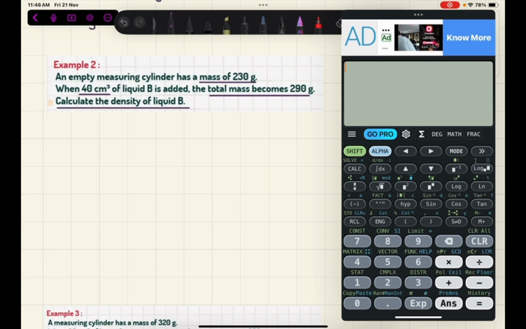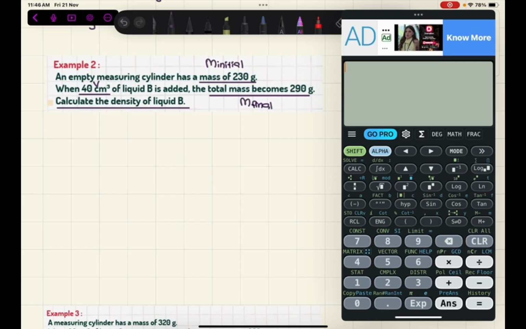First information is mass of 230 grams, the initial mass. Next, 40 centimeter cube is the volume. The total mass becomes 290 gram, the final mass.